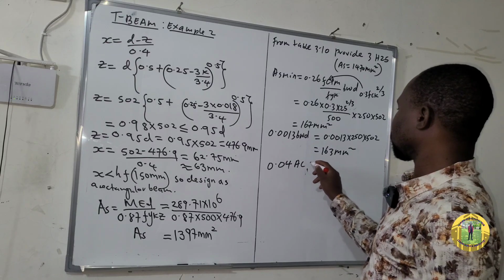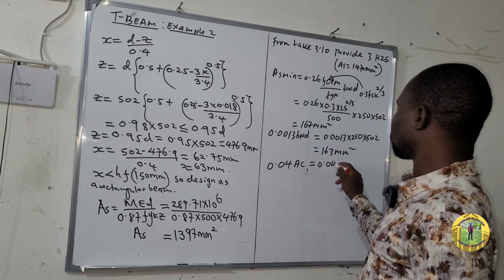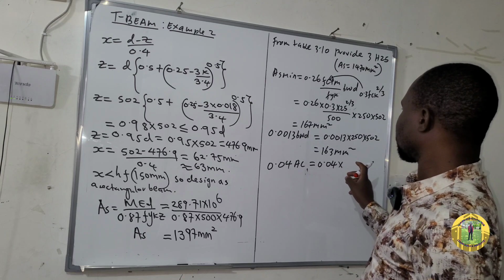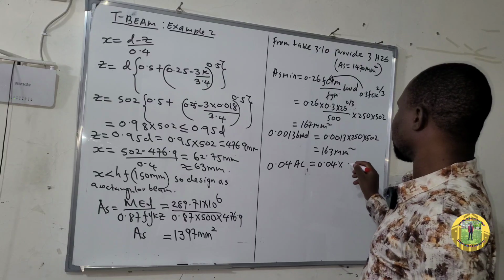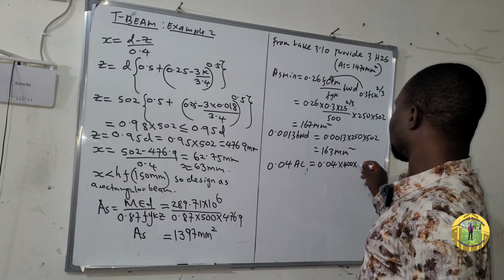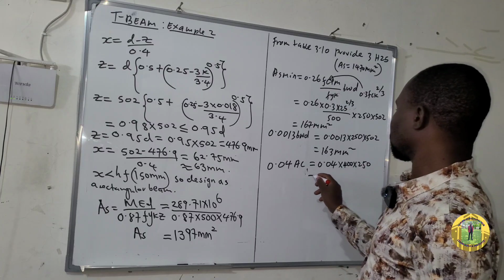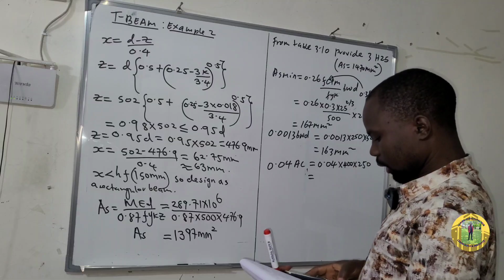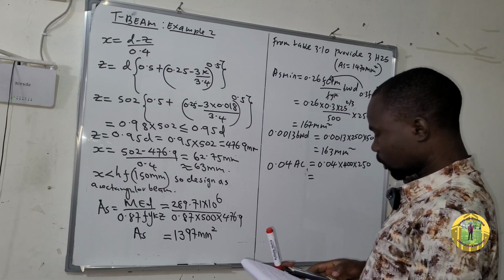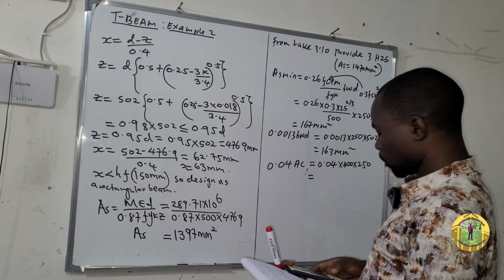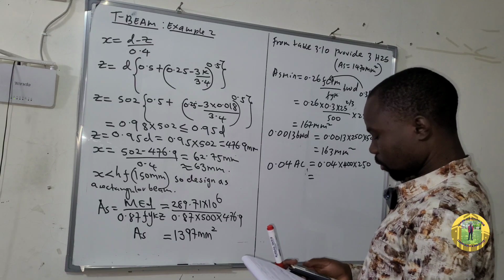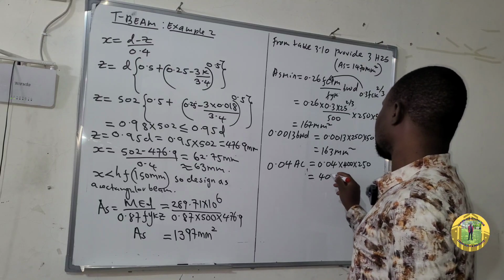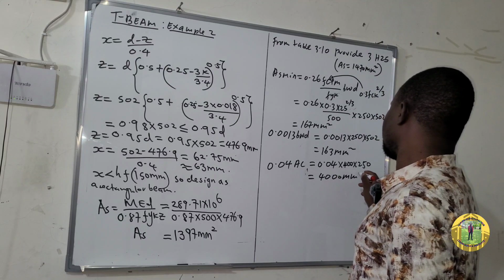We now proceed to 0.04 AC. AC is the area of the section of the slab. Section is 400 by 250. So this one is equal to 0.04 times 400 times 250. So this is 4,000 millimeter square.